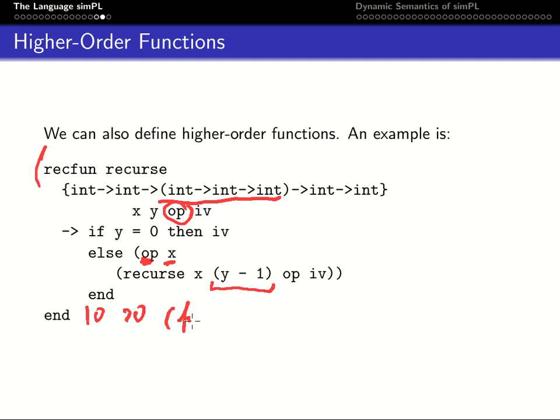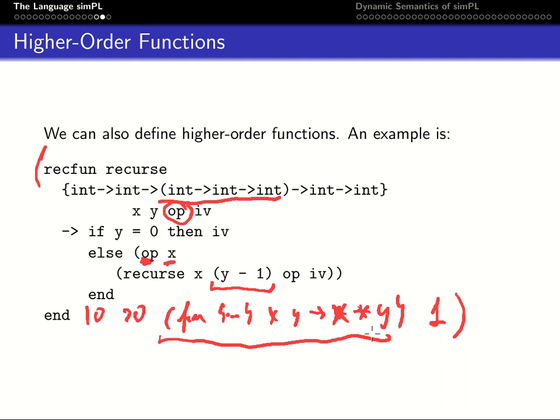I would have fun, and I would have some type here, x, y, return x times y, and 1, right? So this is something raised to the power of 0. So if I would put this in, I would obtain exactly the power operator that we have written on the previous slide. And notice how this operator is now made generic. So what I need to pass as the third argument is another function. Cool?